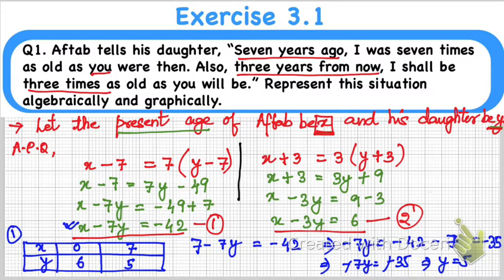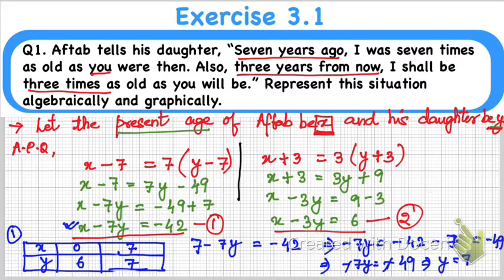And this will give you minus 49. So the value of y that you will get is 7. So these are the points that we have got.